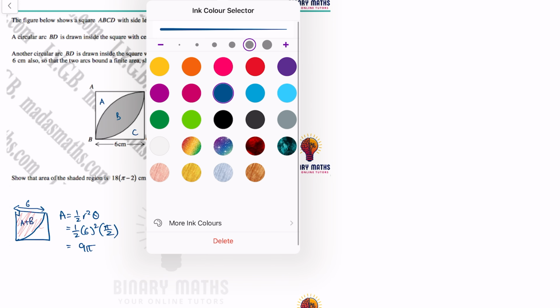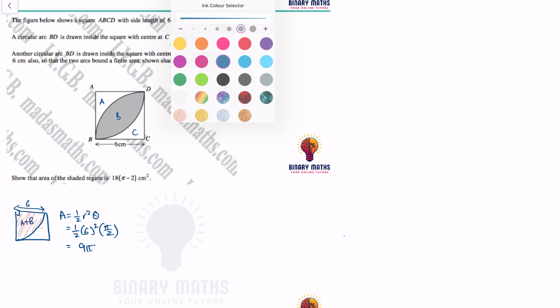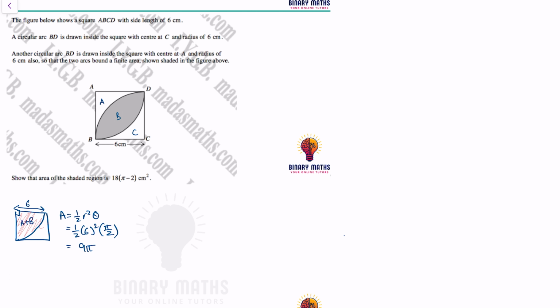If I do now the other part, if I draw the same square, now I'm doing the other arc, which is like this. Because I've included B and C in this part, I'm working out B plus C. Again, because the angle is 90 degrees and the radius is 6, the area of this part will also be 9 pi.